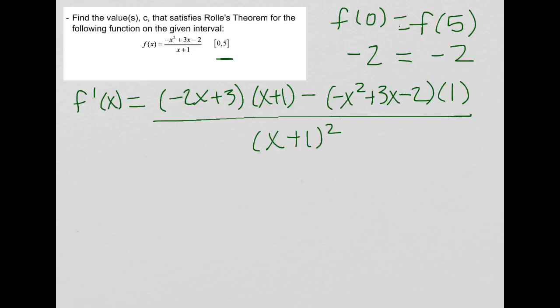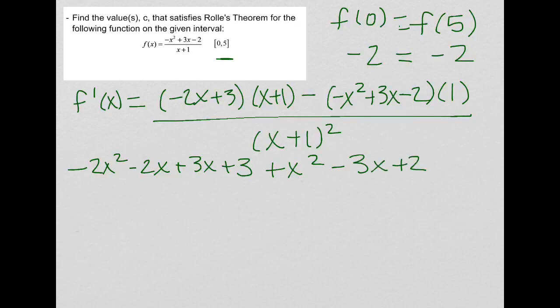And so if we clean up this first part, we get -2x squared minus 2x plus 3x plus 3. And then the second part, multiplying by 1 doesn't change it, but we do need to distribute a negative. So it's plus x squared minus 3x plus 2.